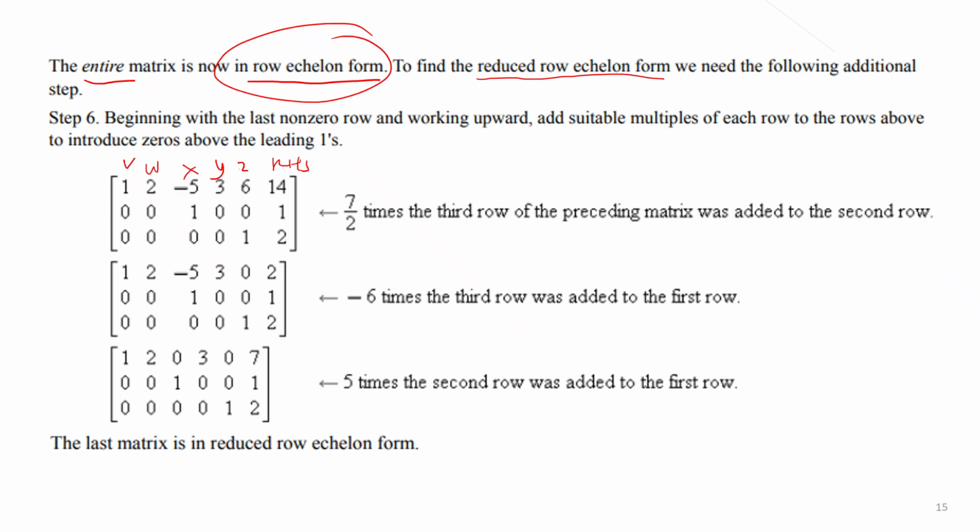But now we try to make it become reduced row echelon form to make it easier to get the value of these unknown variables.